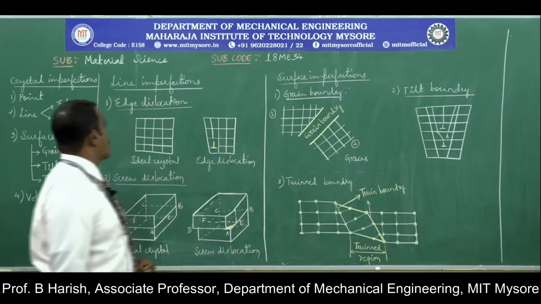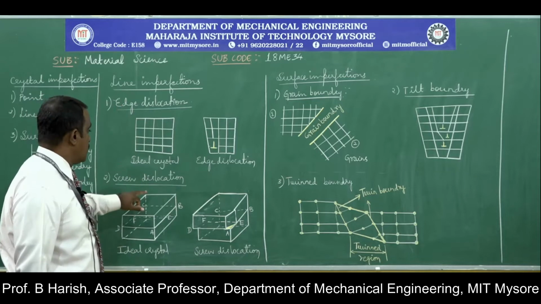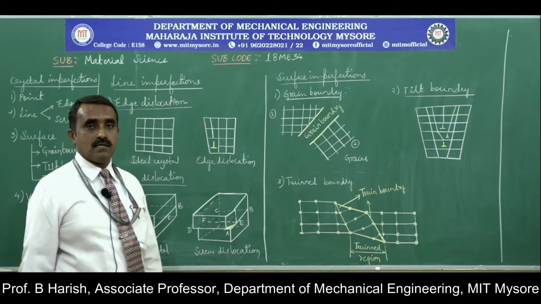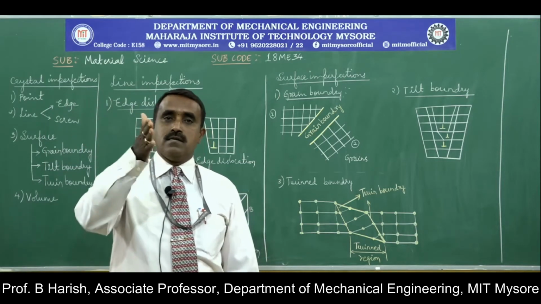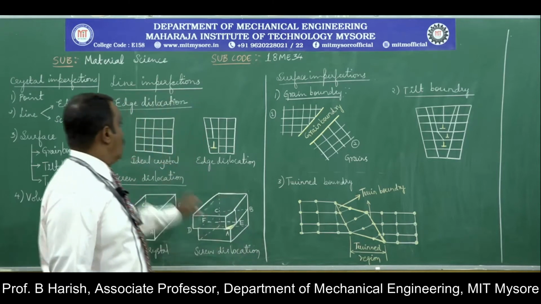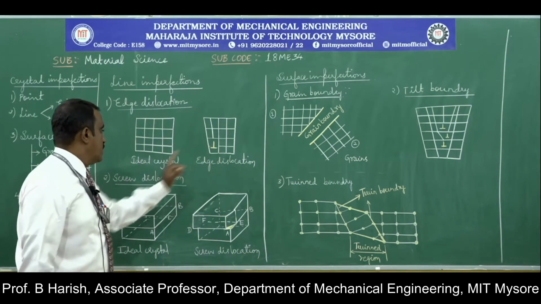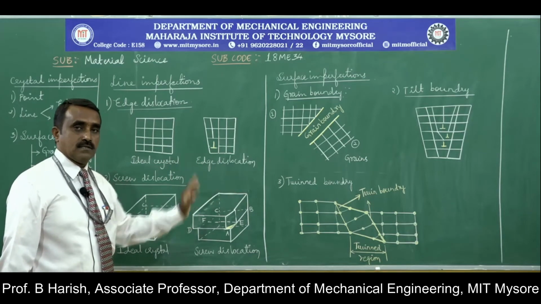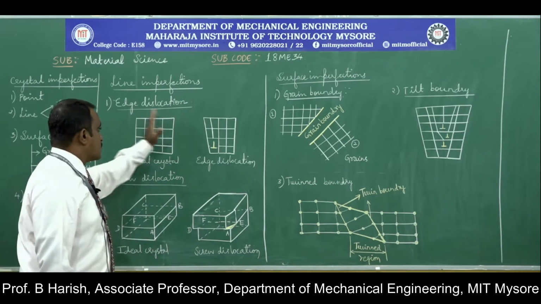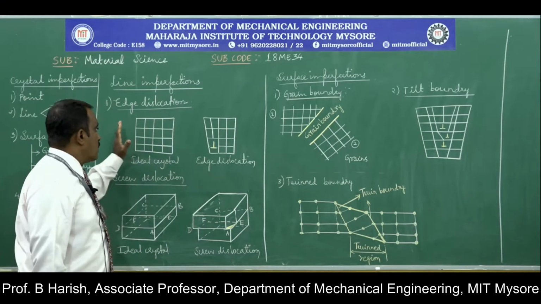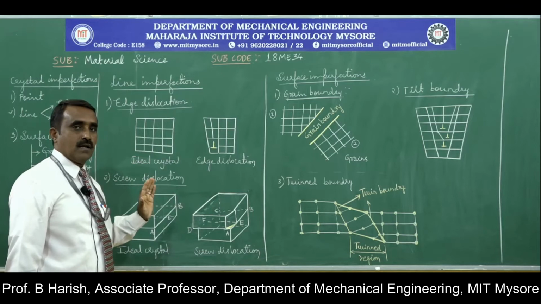Here we have two types: edge dislocation and screw dislocation. Edge dislocation, as the name itself tells, is where on one of the edges the set of atoms gets dispersed. Here you can see two figures. One is for an ideal crystal, and the second is where edge dislocation is seen. In the ideal crystal, you can observe that it is perfect, where all the atoms are arranged in a systematic manner.